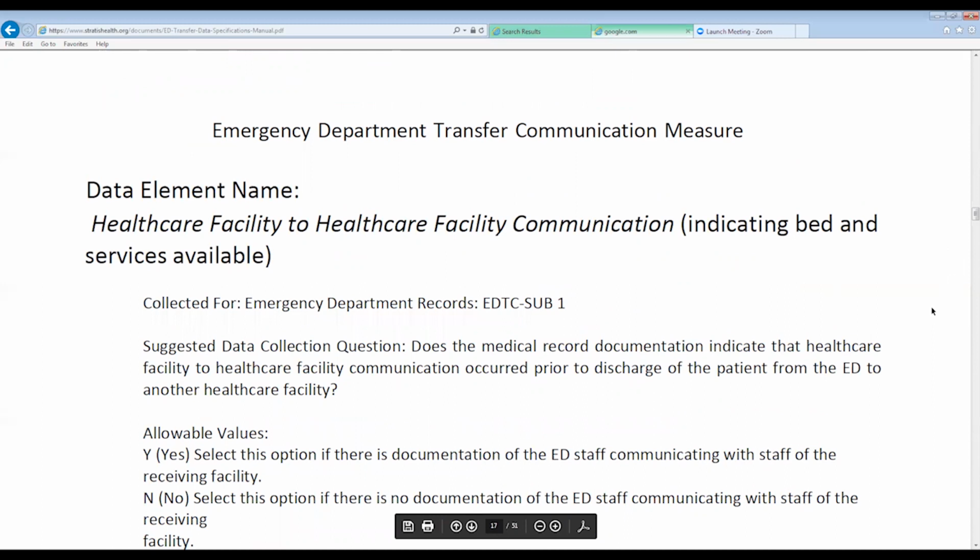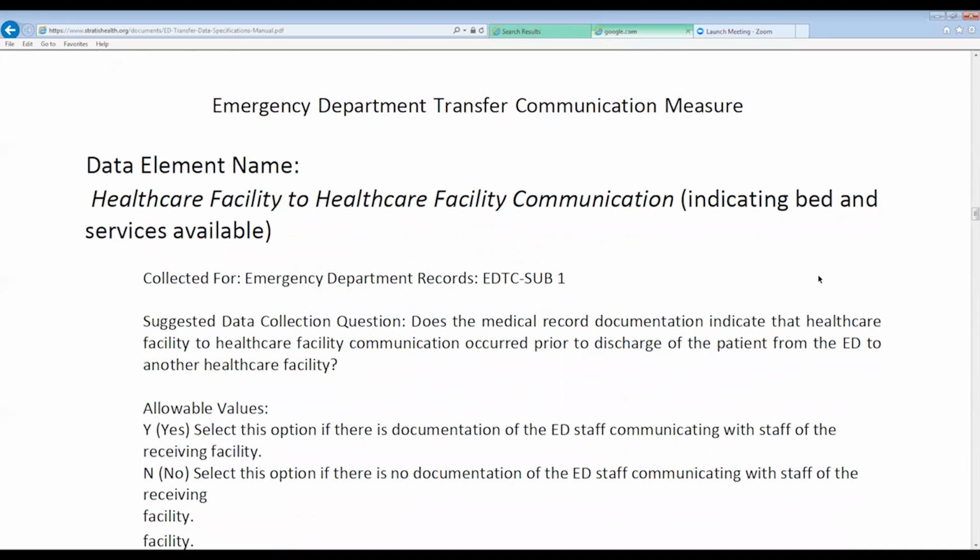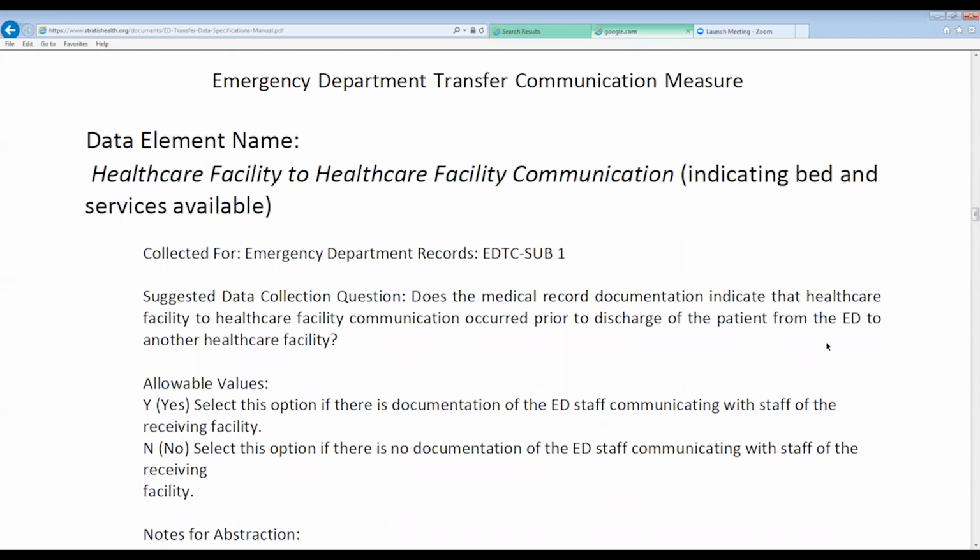So now we're getting to the specific data elements. This one, healthcare facility to healthcare facility, okay? I think sometimes people maybe give themselves a no when it doesn't need to be that much information here. What we're just saying is, did someone from your facility contact the other facility? Was there some communication? For the most part, it is kind of asking, do you have services? Will you accept this patient? Is there a bed?